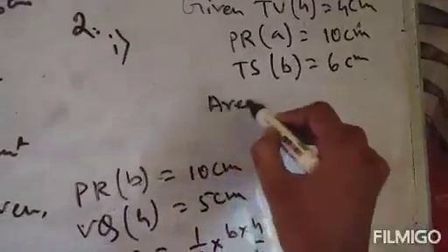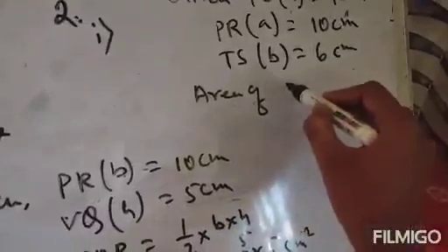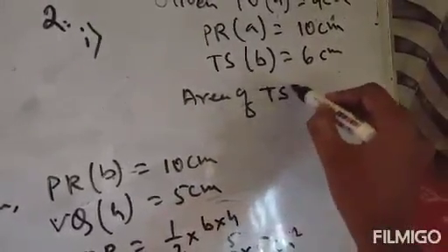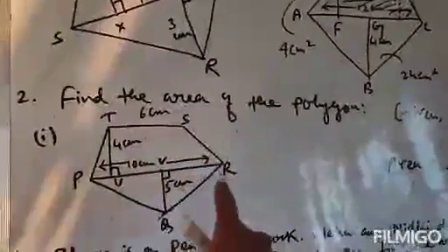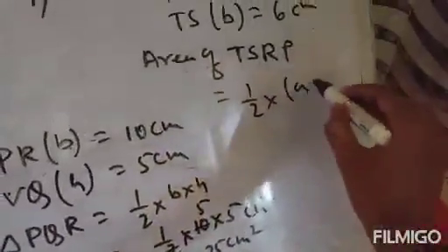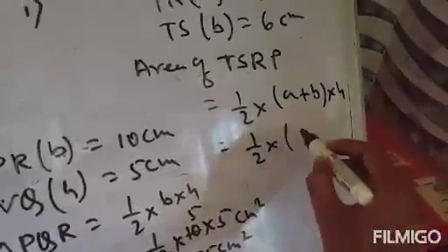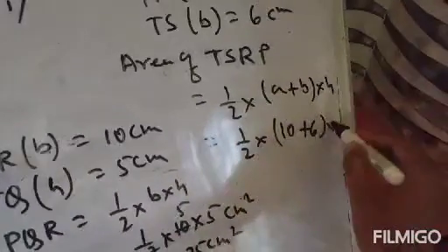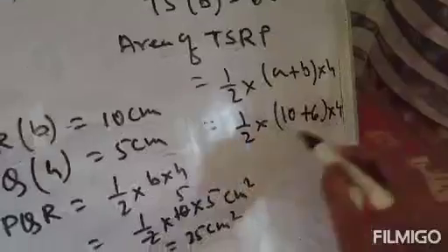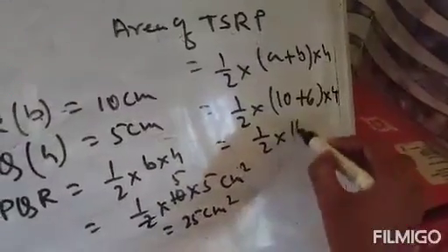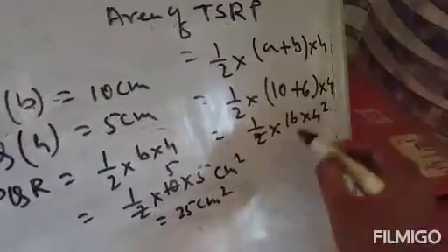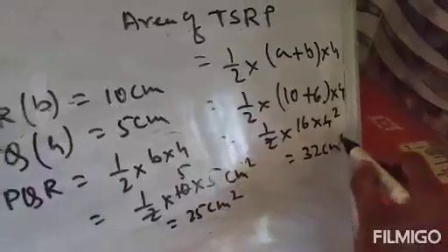Now the area of trapezium TSRP is 1 by 2 into sum of parallel sides into height, that is a plus b into h. So 1 by 2 into 16 into 4, 2 2s are 4, 16 2s are 32 centimeter square.